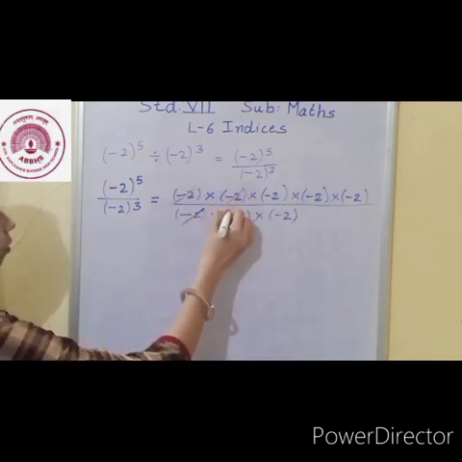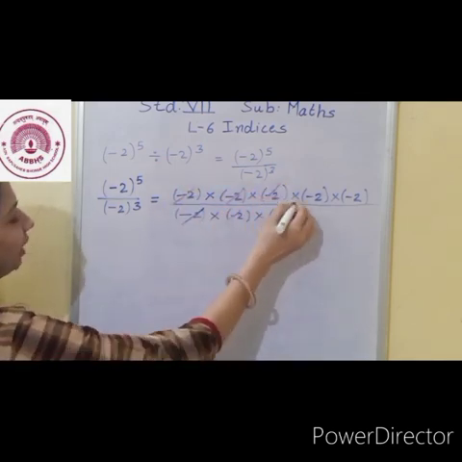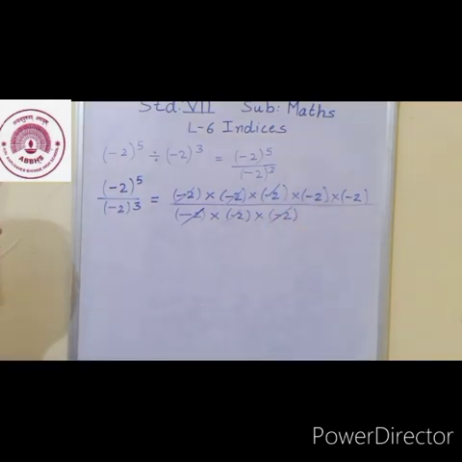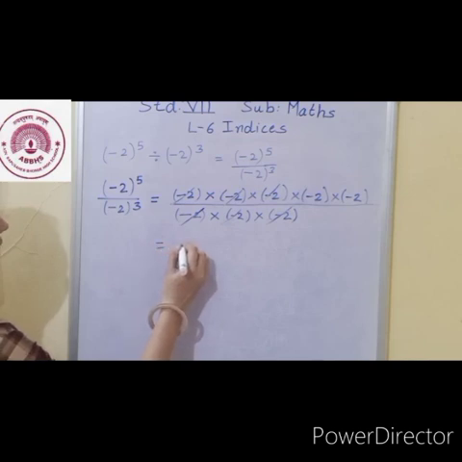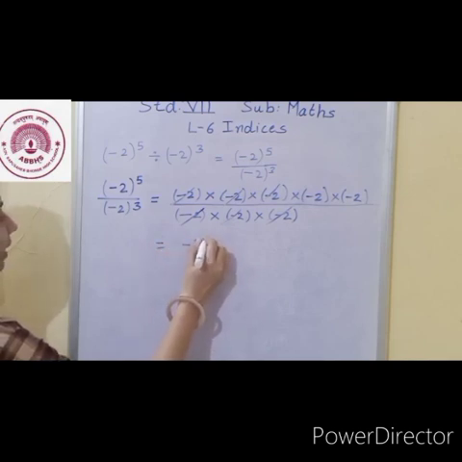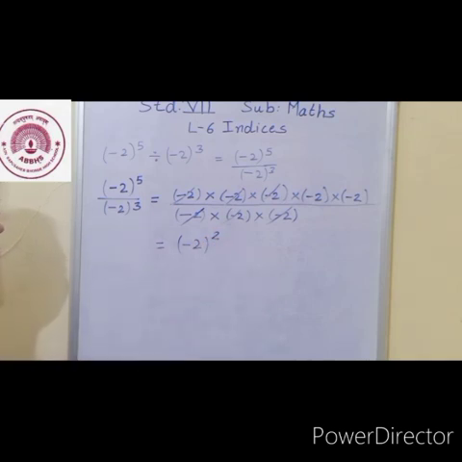So, we are left with minus 2 multiplied by minus 2. It can be written as minus 2 square in index form. Minus 2 raised to the power 5 upon minus 2 raised to the power 3 equals minus 2 raised to the power 2.